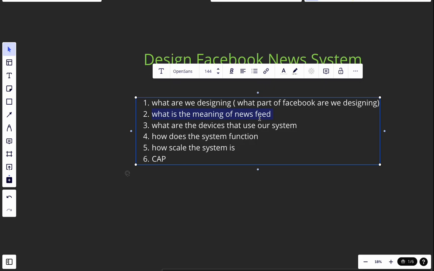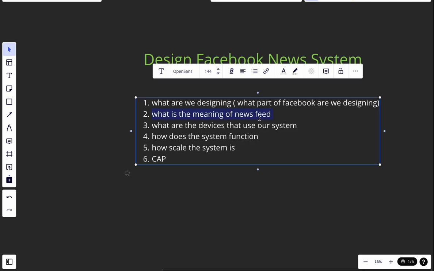So let's say that we don't use Facebook, we don't use Twitter, we don't use anything, so we don't know what a newsfeed system is. So, quote from Facebook, a newsfeed is a constantly updating list of stories in the middle of your homepage. Stories or posts.